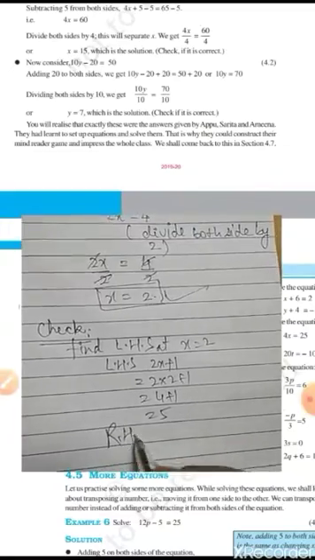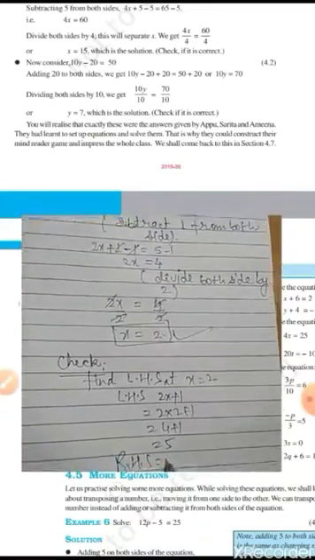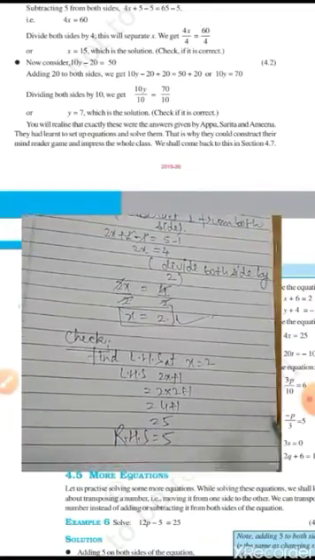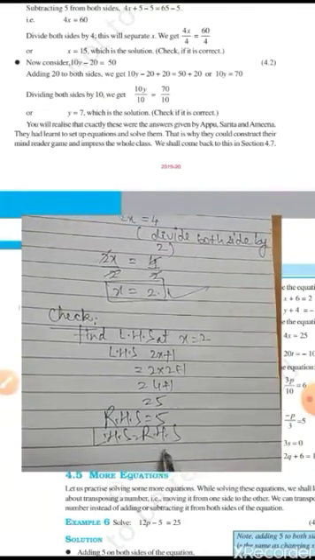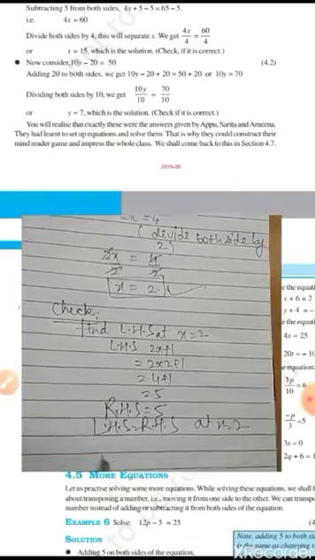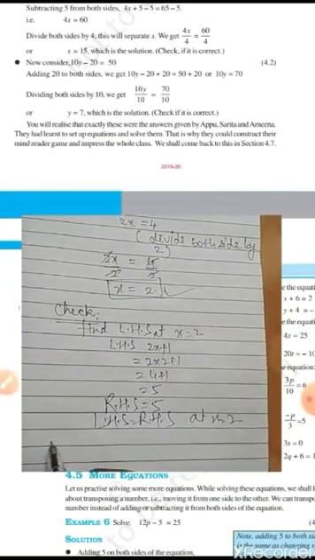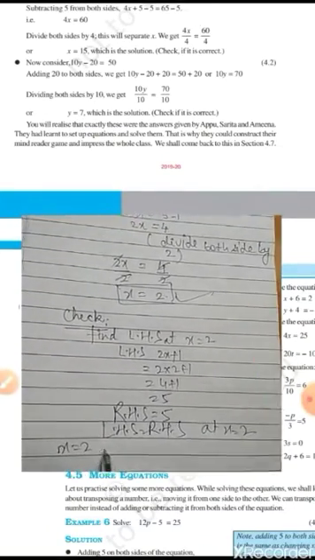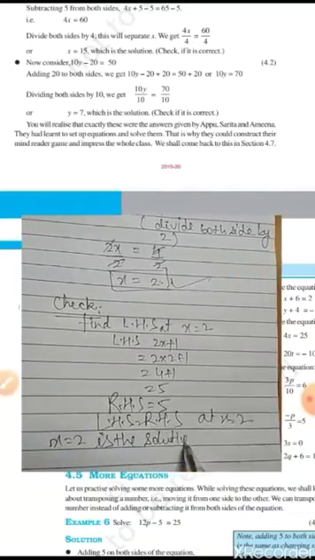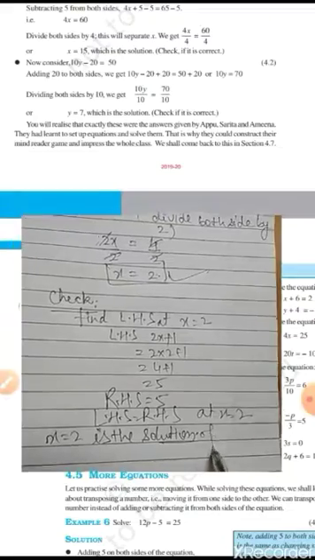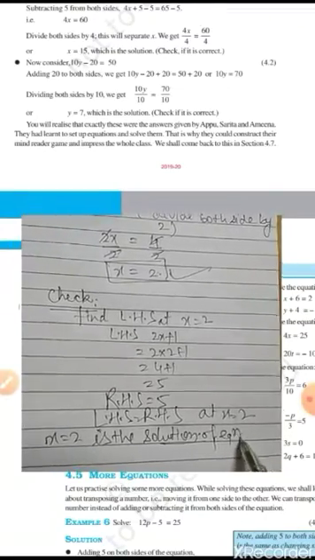Now RHS is equal to 5. 5 is given already. So LHS is equal to RHS at x is equal to 2. So we can say that x is equal to 2 is the solution of the equation.